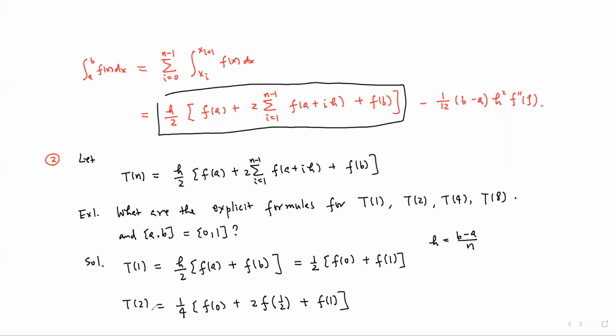To compute T2, we need to evaluate 3 function values, but 2 of them, this one and this one, we already have from the evaluation of T1. So actually we can save some work. This guy plus this guy, divided by 2, is T1. So this is 1/2 T1, saving some work.